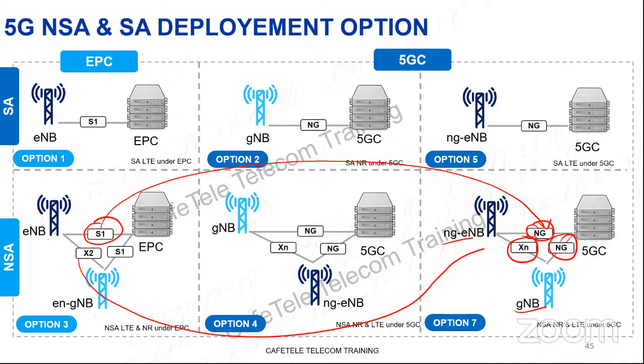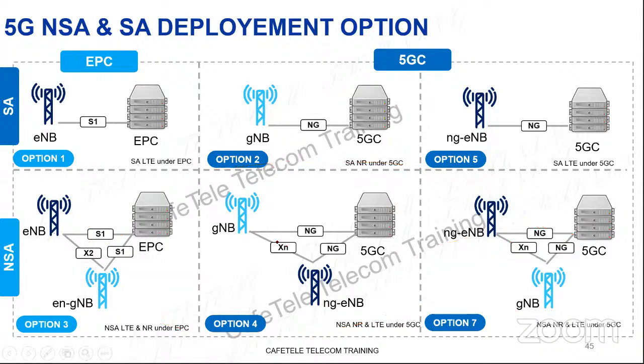So option 7 is similar to option 3, right? Okay, and this option we call NGEN-DC. NGEN-DC means next generation eNodeB New Radio DC.